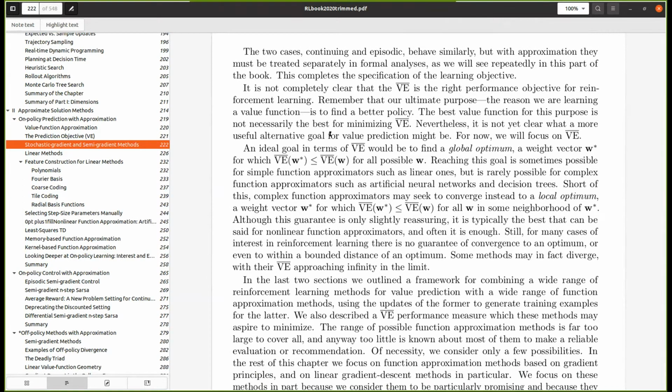Yeah, and here, as always in an optimization problem, in the best case we hope to find a global optimum, but it is not always the case that we are guaranteed to find a global optimum.